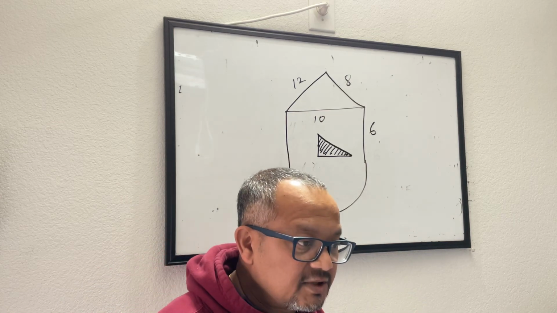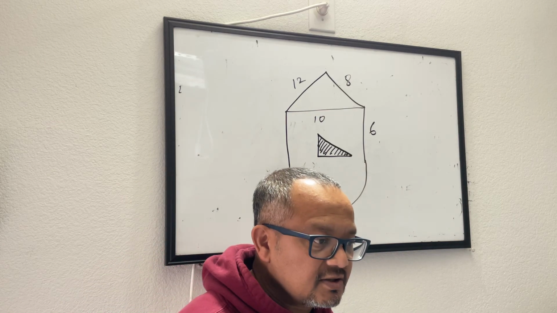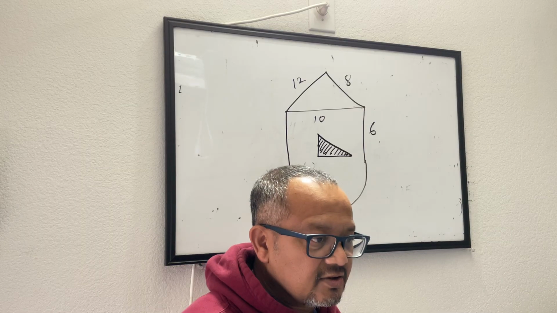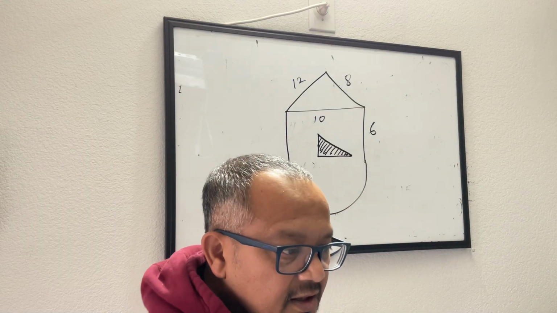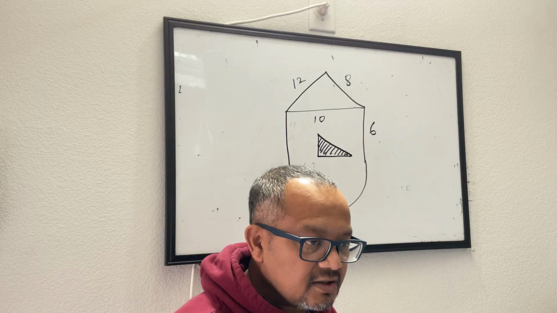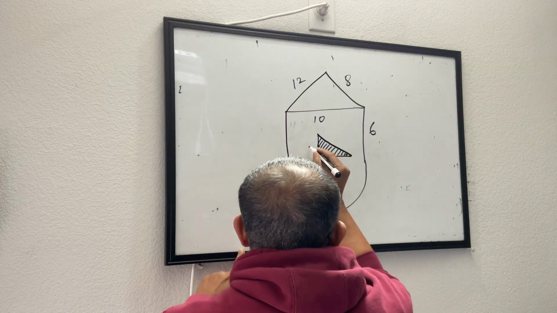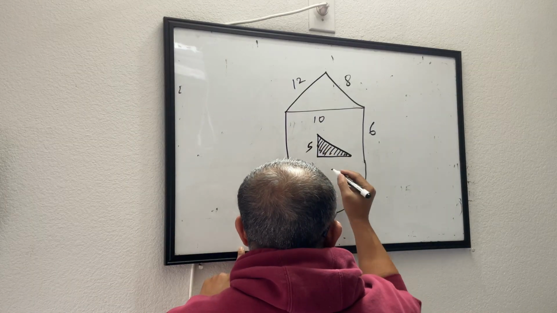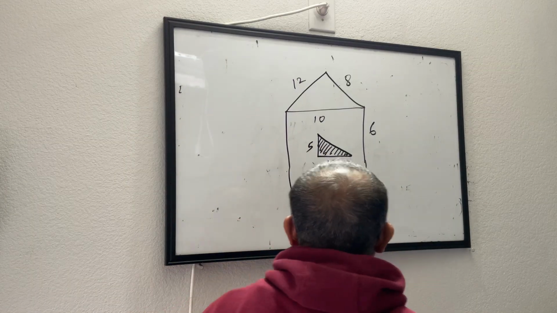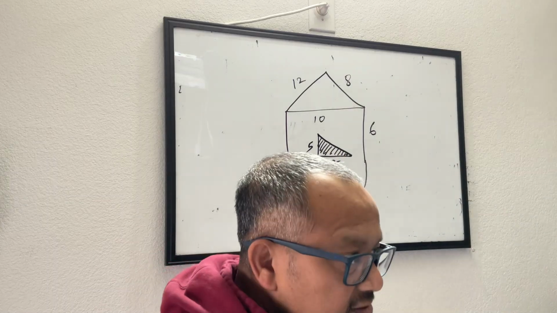Yes, Nihan, you're saying something? Yes, Advik. What are the sides for the hole? That's a very good question. This is 5 and 12. And this is a right angle triangle.